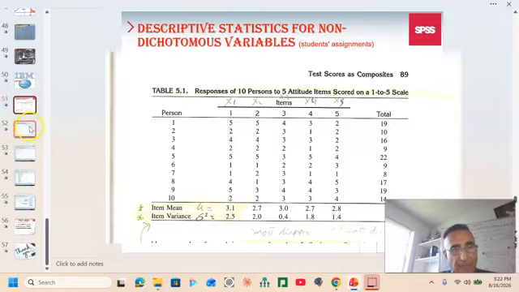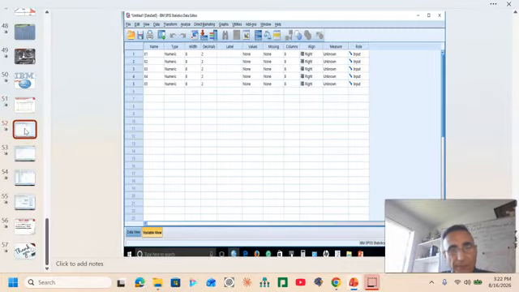So anyway, the way we did it was, once you open your SPSS, you go to Variable View and put either X1, where X is a score. Also, you can put Q. Q means question: Q1, Q2, Q3. There are 5 questions, or X1. That's how you name your variable.